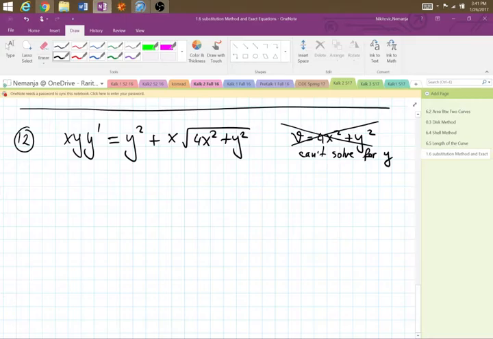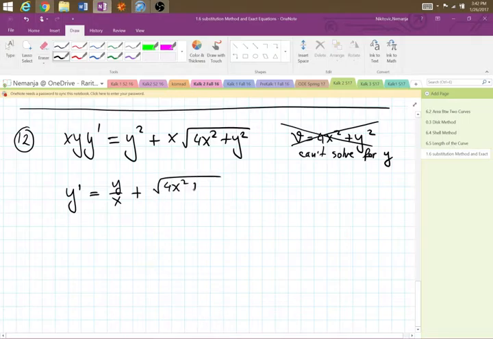What's the next thing that we could do? Well, how about we divide through by xy, right? Would that help? Let's see. If I divide through, I know I'm losing that 0, 0 trivial solution, but we can add it in. I have y over x plus x and x will cancel, and I have a square root.